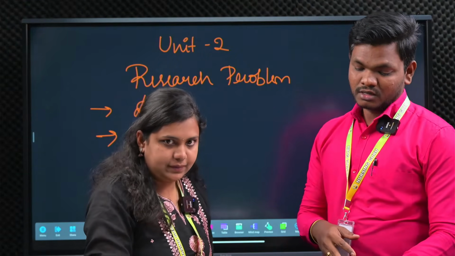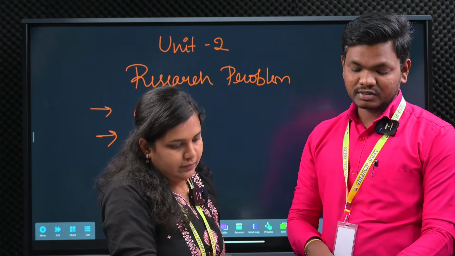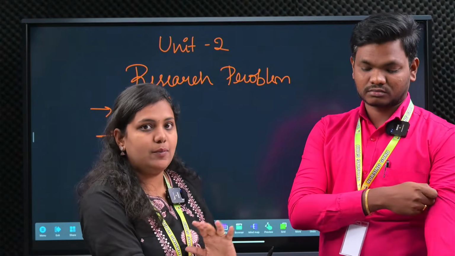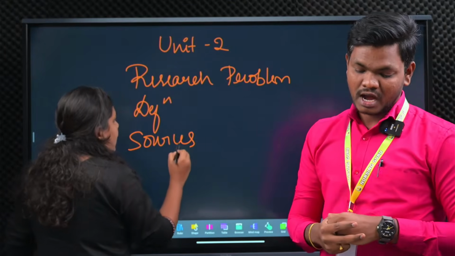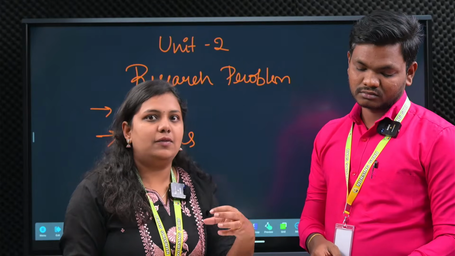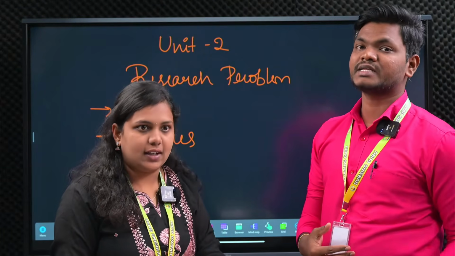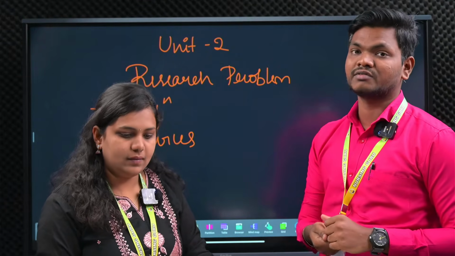Okay, so in this unit there are subtopics. The first is the identification of the research problem. How can we identify it? The main important thing is the sources of identification. How will you identify the research problem? For example, from clinical expertise, based on your experience. Your problem will start from experience, or your question will be raised.